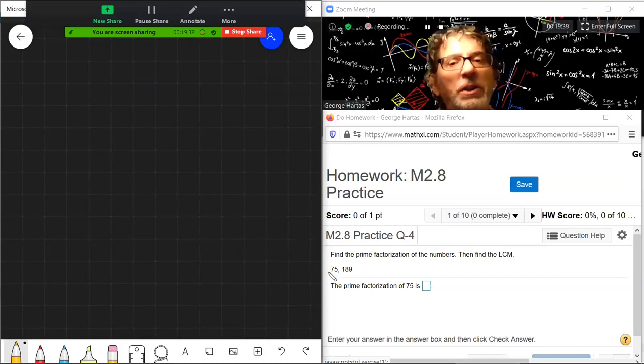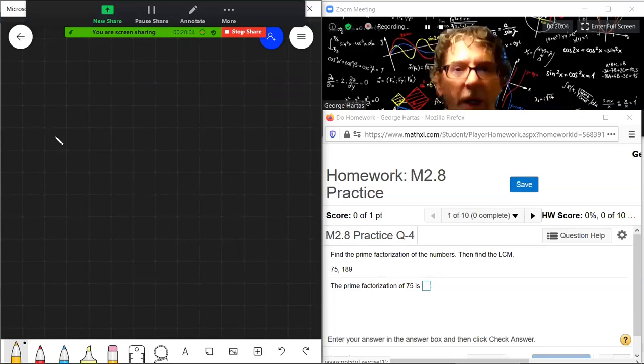But this kind of problem begs for the factor tree, I think. The one list of multiples works nicely when it's easy to spot visually that the numbers will match at a common multiple pretty quickly. Here, I don't see that happening, right? These are oddball numbers. So we're going to use the factor tree to figure this out.